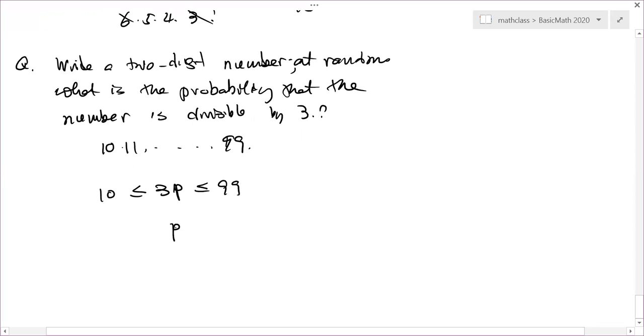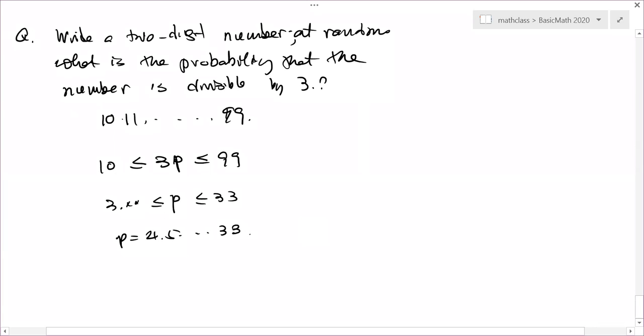So you do the calculation. p is going to be at most 33, and at least 3 point something, right? 10 divided by 3 is 3 point something. So the number of choices for p is going to be 4, 5, all the way to 33. So how many choices here? Actually, it's going to be 30.